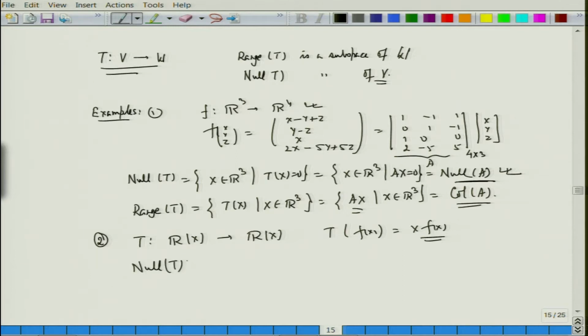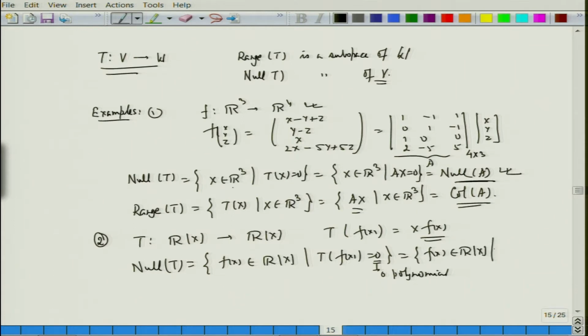The null space of T is all polynomials f of x belonging to Rx such that T of f of x is 0, that is, 0 as a polynomial. So, this is the same as all f x belonging to Rx such that x f x is 0, and this is true only for the 0 polynomial. So, it is just the 0 polynomial for you.